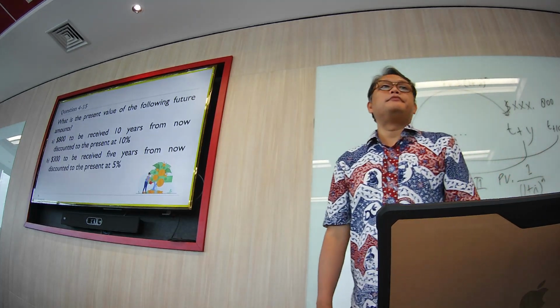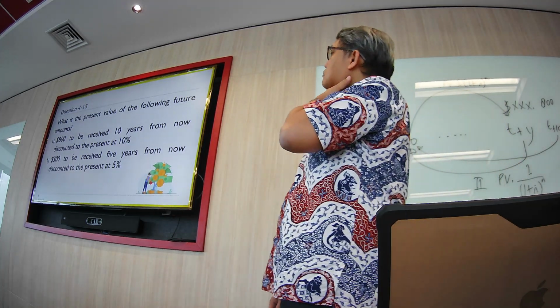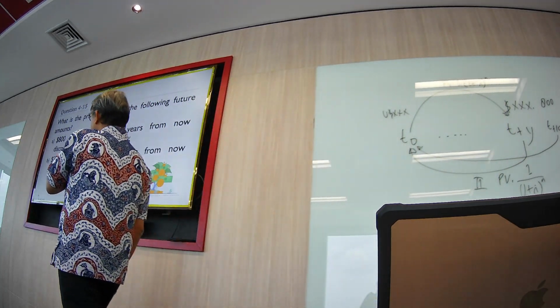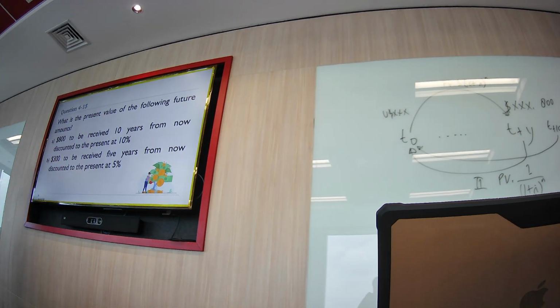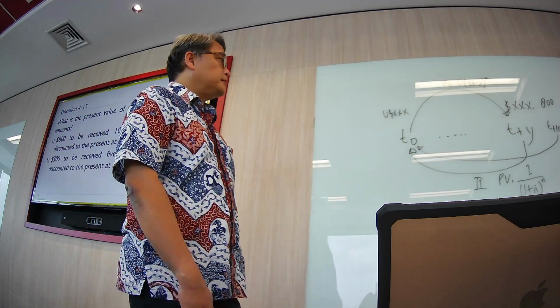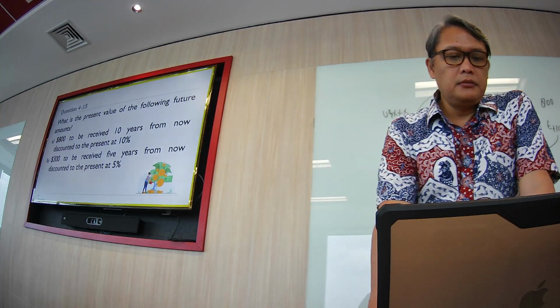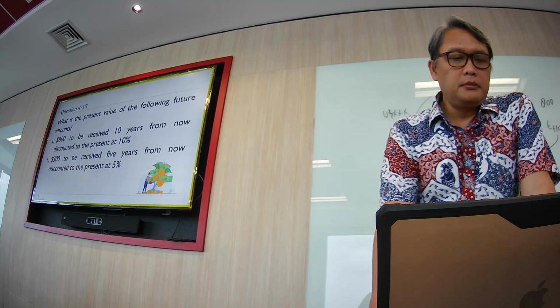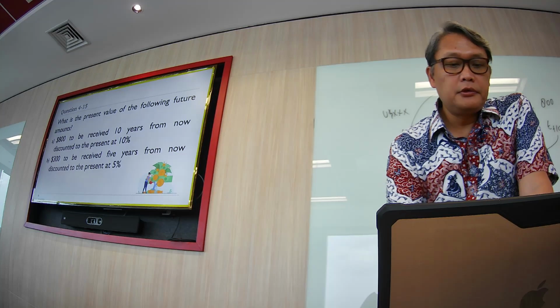Okay, all done? So again, for B, the future value is 300, and the number of years is 5, and the interest rate is 5%. Okay, so this is the result.